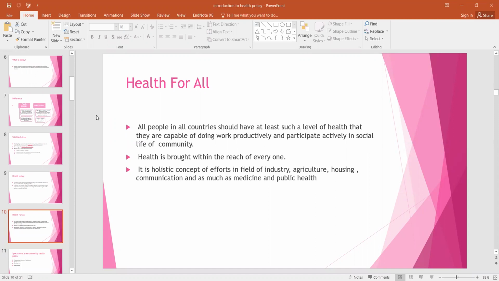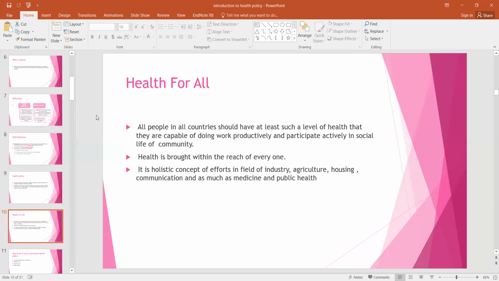Health for all. The main goal highlighted in this model is that all people in all countries should have at least such a level of health that they are capable of doing work productively and participate actively in social life of community. Health is brought within the reach of everyone.